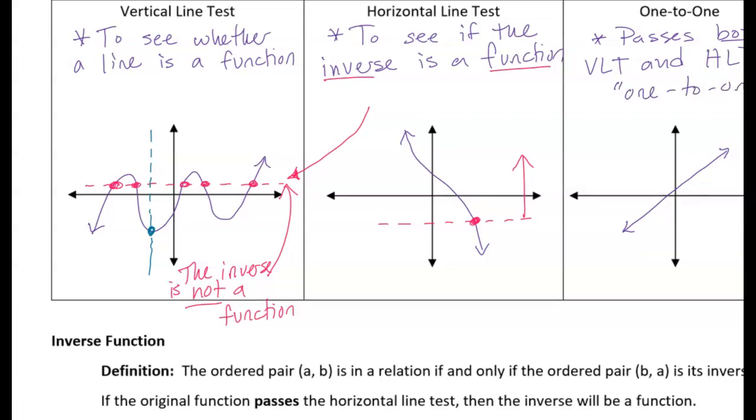One-to-one just means that for every x value, there is a single y value, and for every y value, there is a single x value. Everything goes one-to-one.